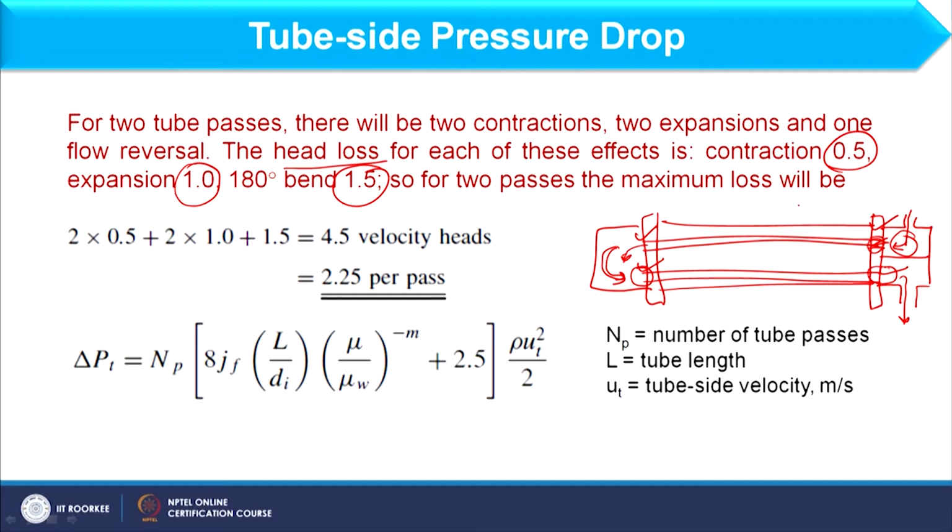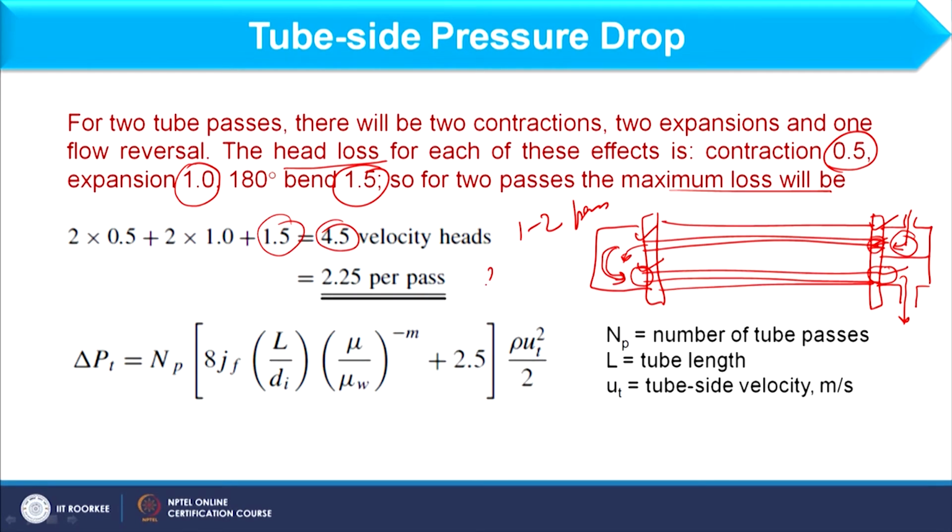So, for 2 passes, the maximum loss is 2 into 0.5 for contraction, 2 into 1 for expansion, and 1.5 because a 180 degree bend is there. So, total 4.5 velocity heads when I consider 1-2 pass.